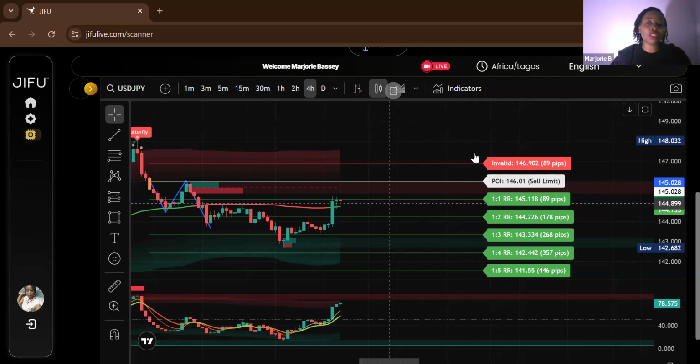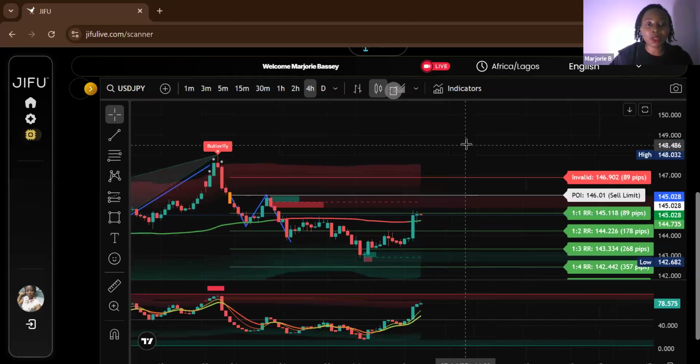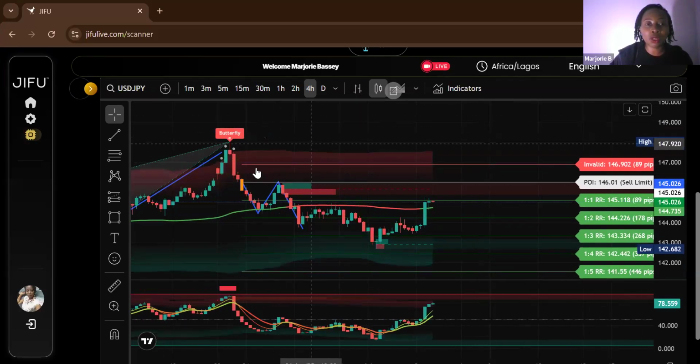With Smartmonics, you always see one point of interest or one entry, then one stop loss, and then 5 exit points or TPs. At this point, when you've looked at it, the rejection candle, the market is in a zone.